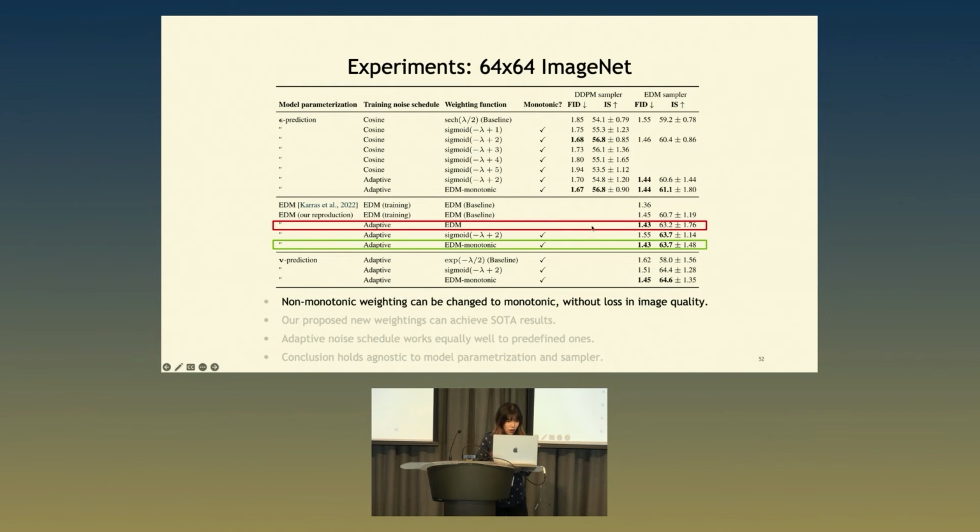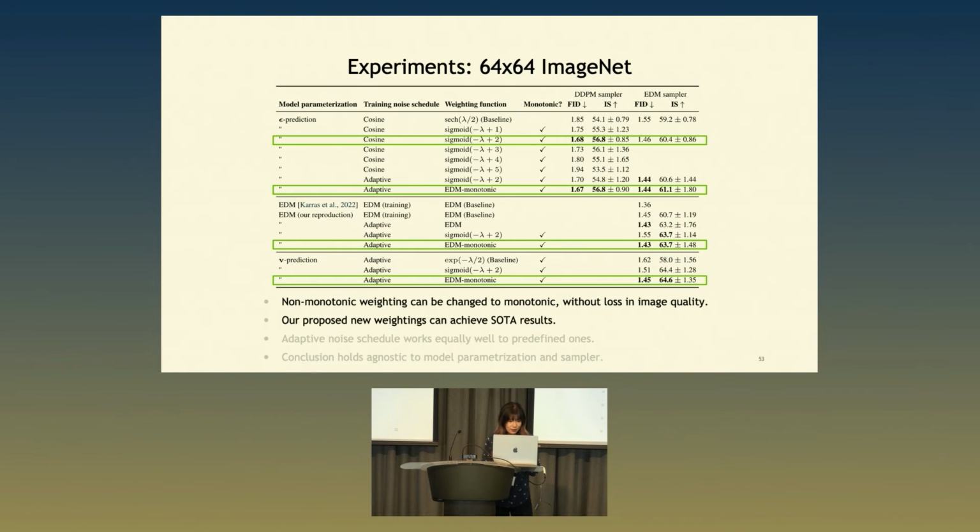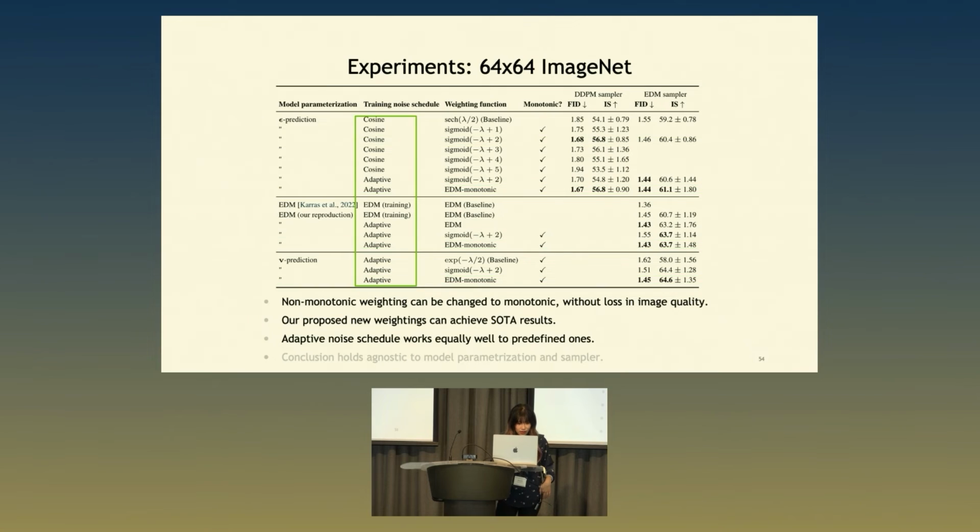So first, we can make any existing non-monotonic weighting function in the literature, where we take EDM as an example, be monotonic, and this won't lead to any loss of image quality. And sometimes it also leads to better image quality. And second is that with our newly proposed weighting functions, we can achieve state-of-the-art results.